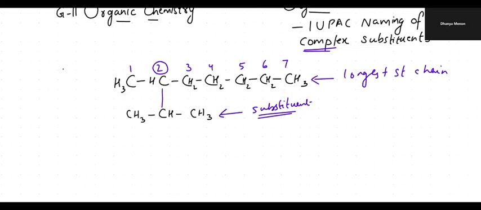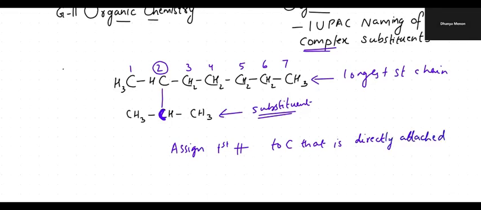Now, this substituent, here there is a rule that the carbon atom for the substituent, I'm talking about the substituent. For the substituent, assign first number to the carbon that is directly attached to the main chain.